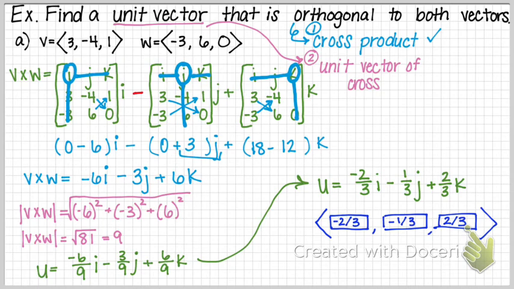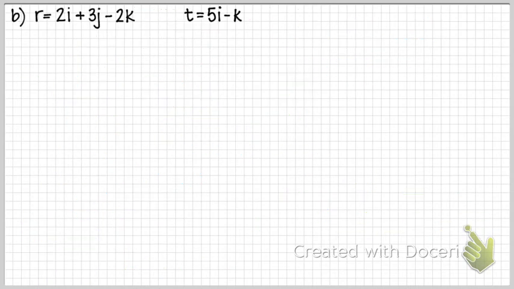Okay, one last one. Okay, so remember, first we need to find the cross product. So we're going to have to take R cross T. If it helps to write this in component form, go for it. So R is going to be 2, 3, -2. With T, we got an i term, that's 5.